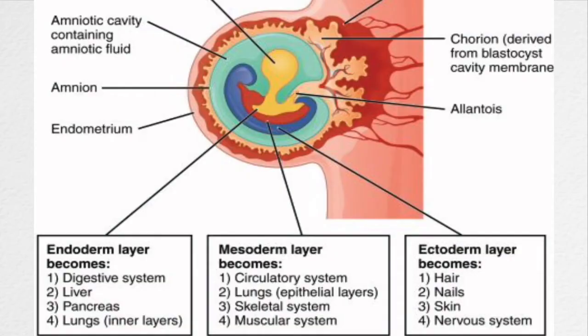The EDA gene is responsible for creating proteins that are necessary for ectoderm-mesoderm interactions during embryonic development. From these interactions, structures that originate from the ectoderm develop, such as hair, nails, teeth, and sweat glands. Because of this X-linked recessive mutation on the EDA1 gene, the development of hair, nails, teeth, and sweat glands can be negatively impacted. Oh, so that's how my disease works.